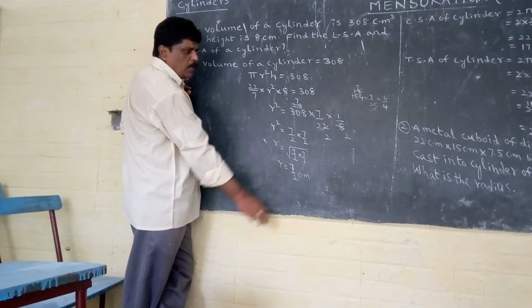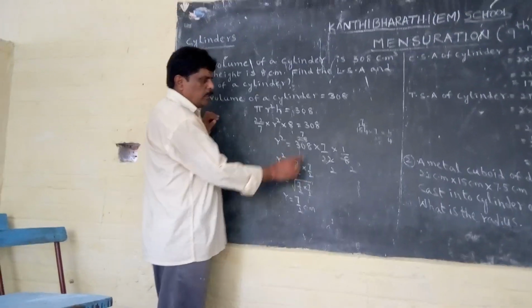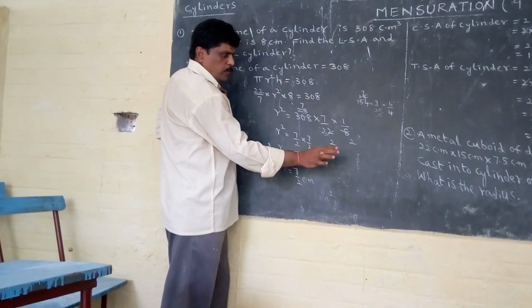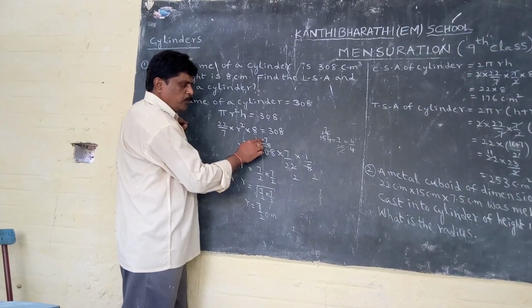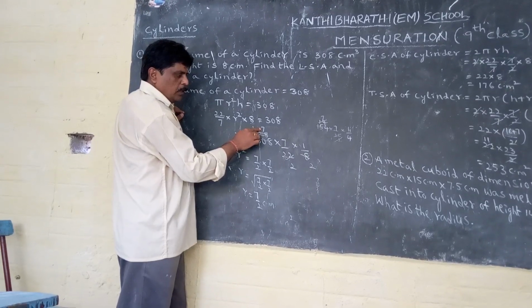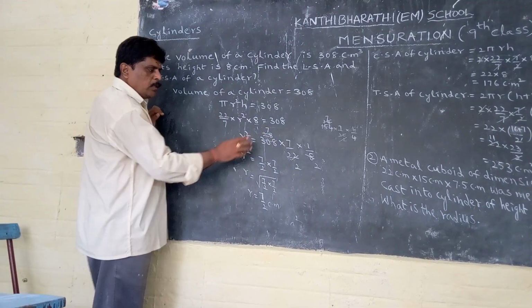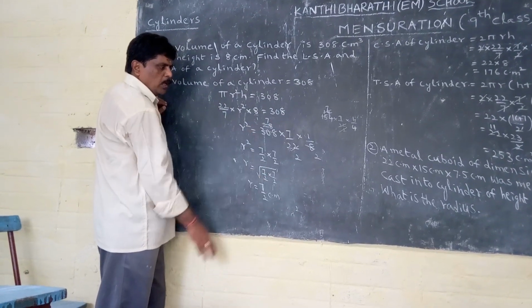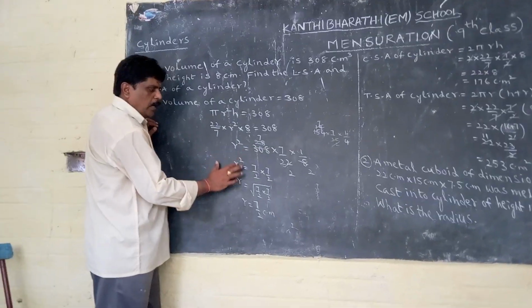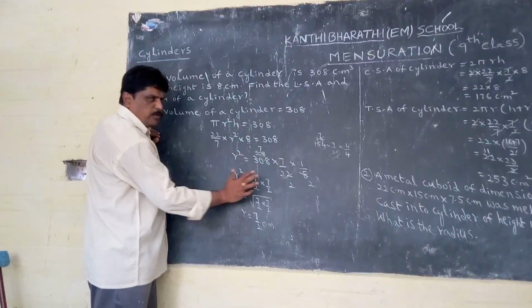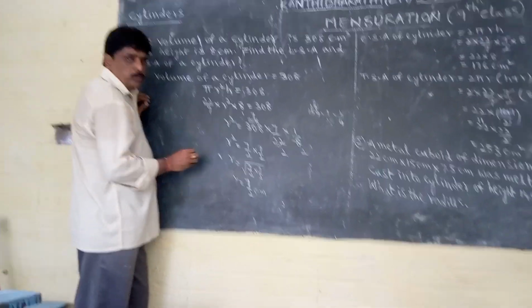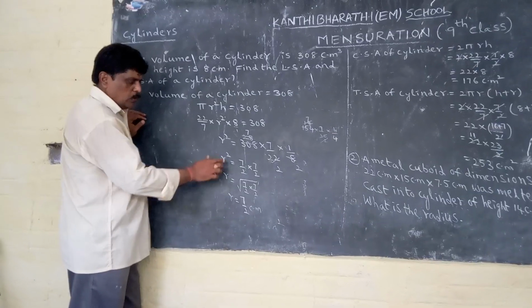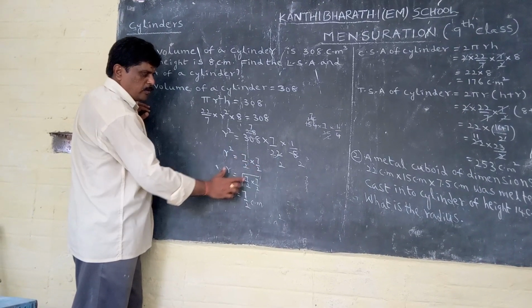Next I have cancelled 28 and 8 using the 4 table: 4 twos are 8 and 4 sevens are 28. What remains is r square is equal to 7 by 2 into 7 by 2. We want the value of r. So r square is equal to 7 by 2 into 7 by 2.